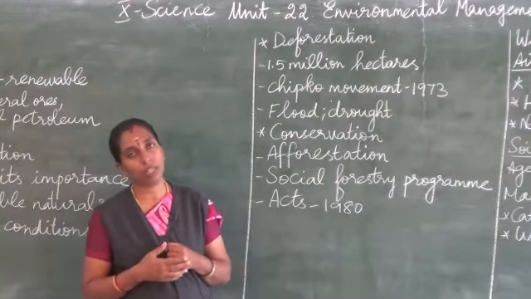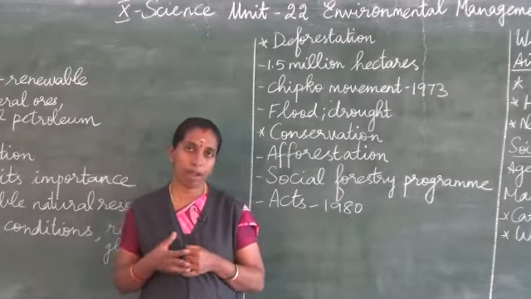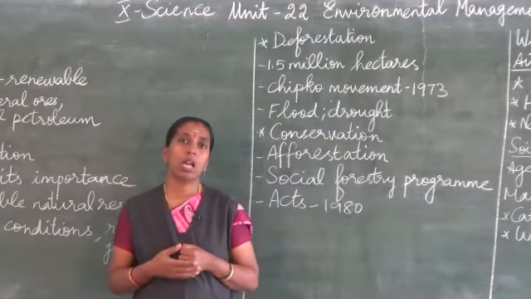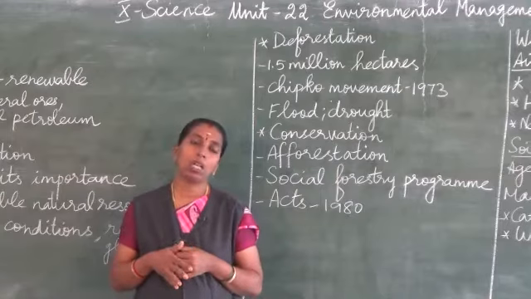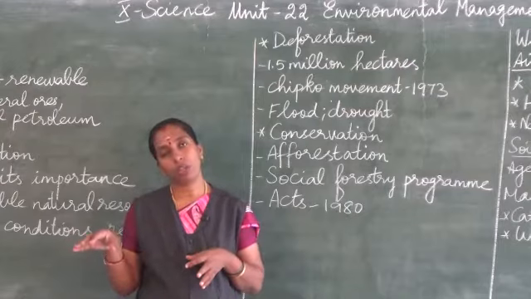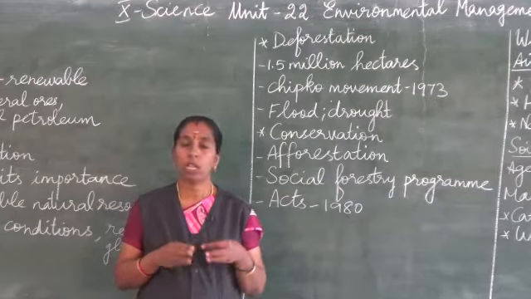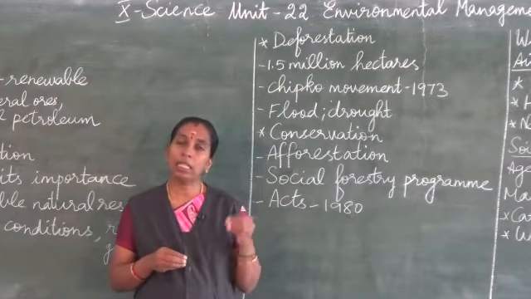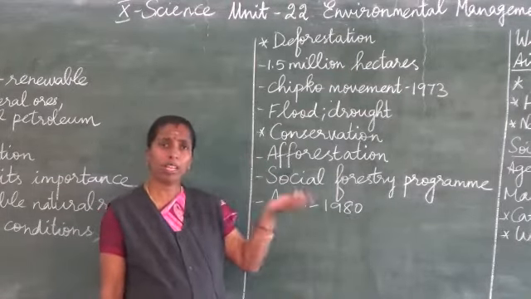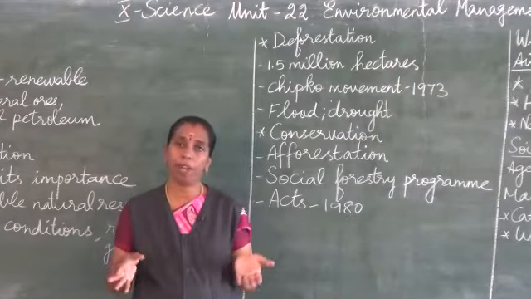Mainly for construction of houses, or forest fire, construction of dams, some projects, buildings, as well as some railway lines. Like that, the forest is destroyed. That is called deforestation. And whatever we give to nature, in turn we ourselves receive from nature. That's all.